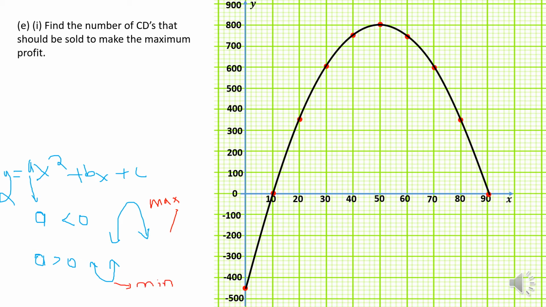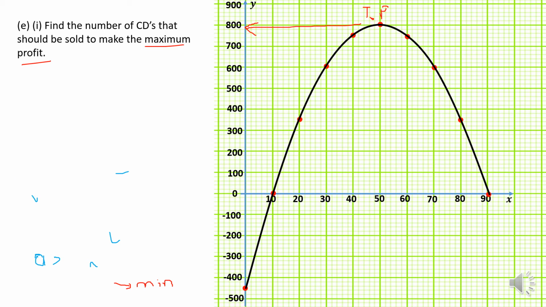So what this question is asking us, the maximum profit, you find it by the output. The y value gives you the output. So it is essentially that turning point, the y value of that turning point, that we are looking at.